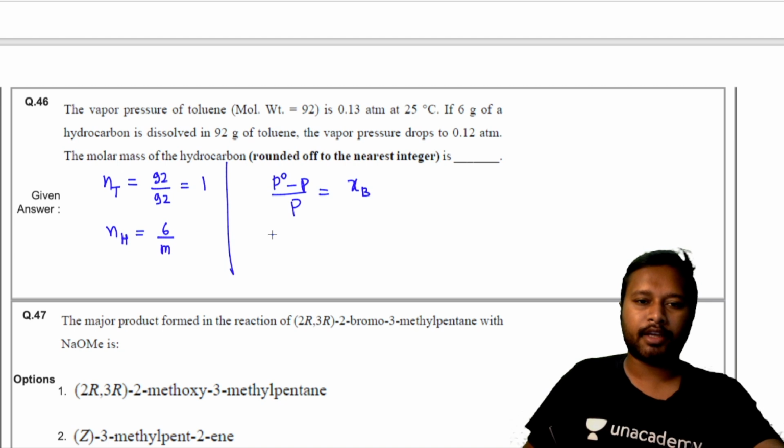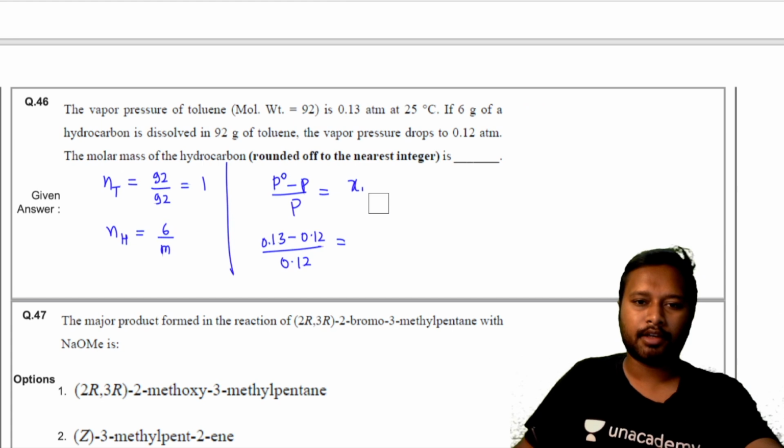P naught is already given, that is 0.13, minus P, the pressure after dropping, that is 0.12, divided by 0.12, and this is going to be equal to XH, the mole fraction of hydrocarbon. So it will be NH upon NT plus NH, the total number of moles.